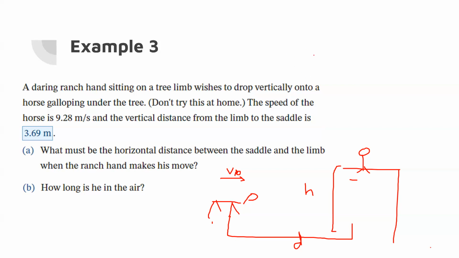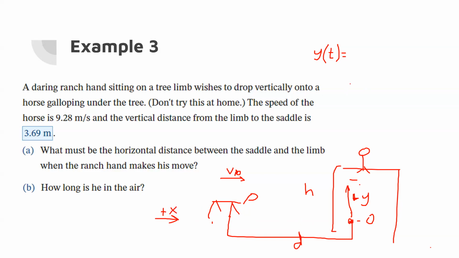So for the ranch hand, I'm going to write his position equation, y of t, is going to be equal to, I'm going to define the point where they meet right here. I'm going to call that 0. I'm going to call this positive y. And we'll say moving right is positive x.